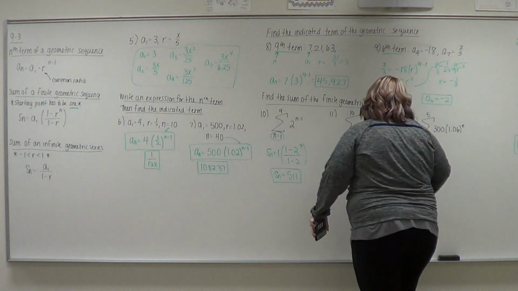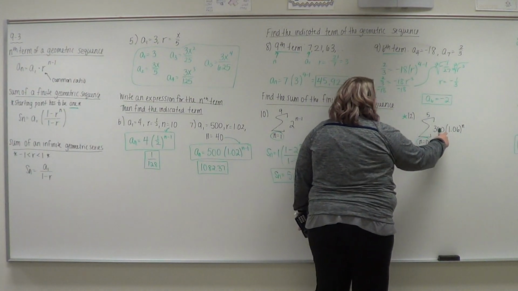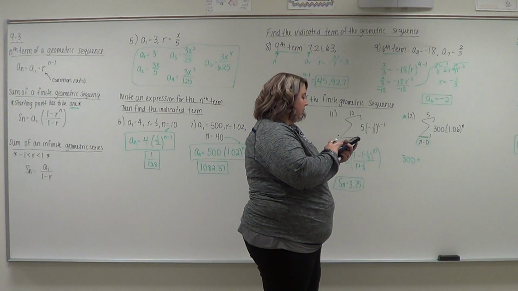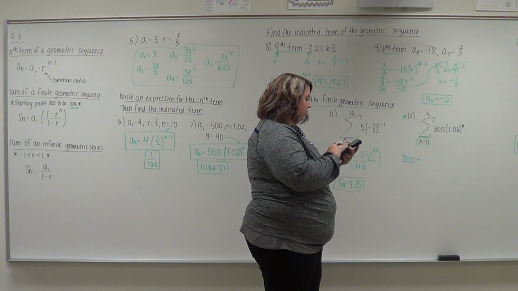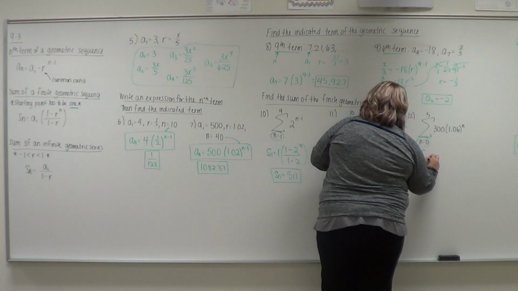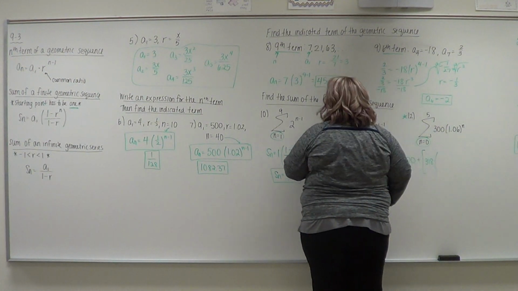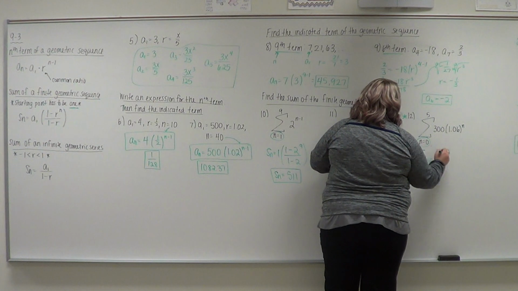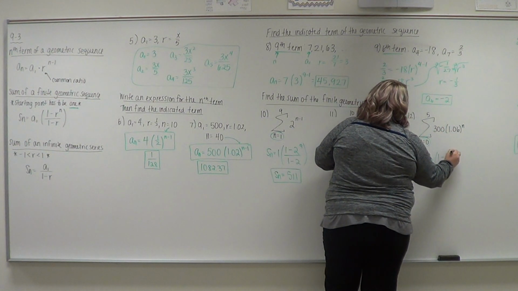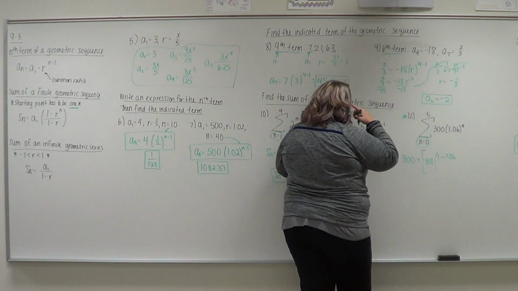So what I'm going to do is find a 1. So it would be 1.06 to the first, which is 1.06, times 300, which would be 318, times 1 minus, okay, this is still your R, so 1.06, to the n.